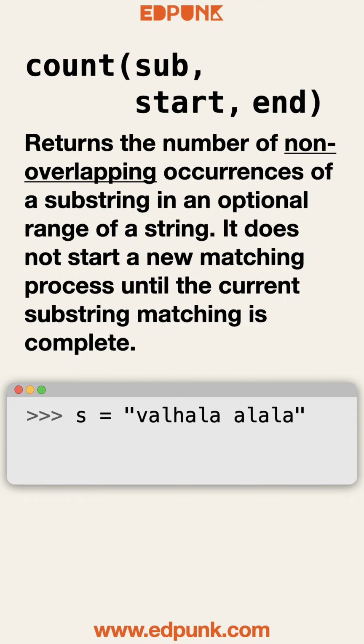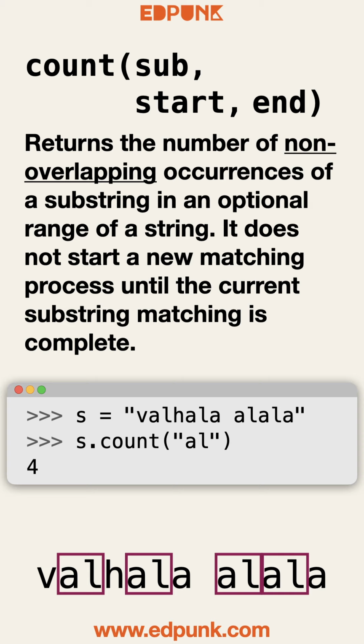It should be noted that the count method returns the number of non-overlapping occurrences. It does not start a new matching process until the current matching process is complete. For example, let us take a string "Valhalla al-Allah". Executing s.count("al") finds 4 occurrences of substring "al" in the original string.